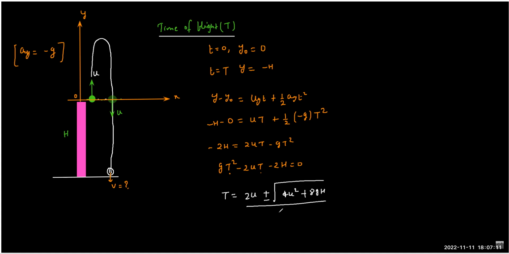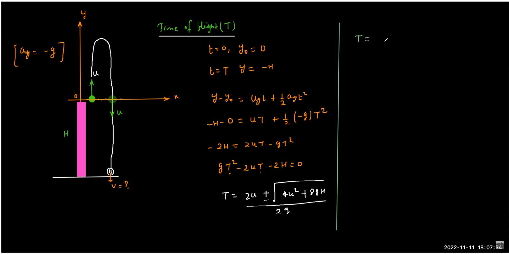Upon 2g. Now again, because we are solving physics, not mathematics, we have to eliminate those options which give a non-realistic answer. So can we have negative time? No. Time cannot be negative. So which option will be correct, the plus or minus? Plus 1.